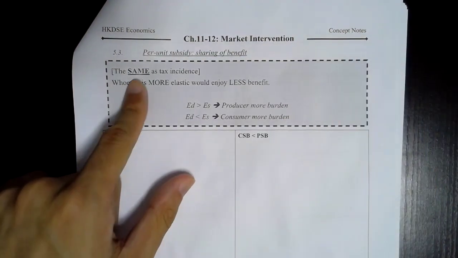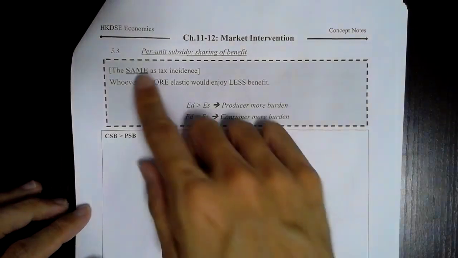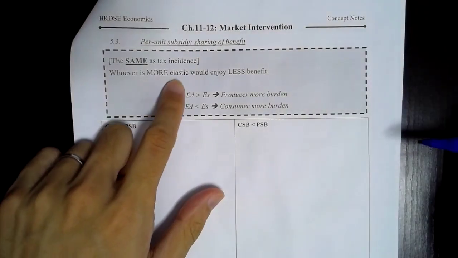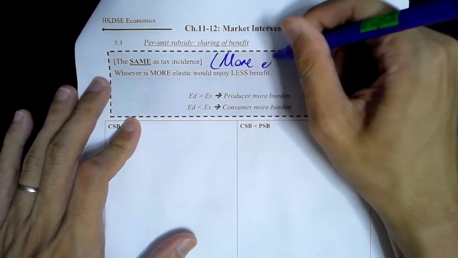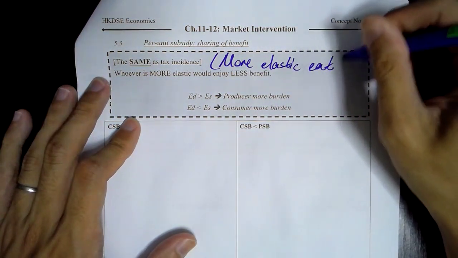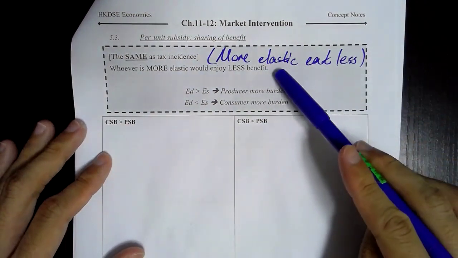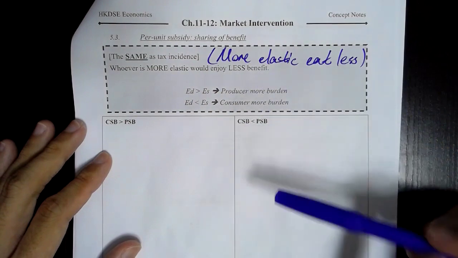Now, if you remember from three videos ago, we talked about the condition. Whoever is more elastic will eat less. This time, the same applies. Whoever is more elastic would eat less benefits.